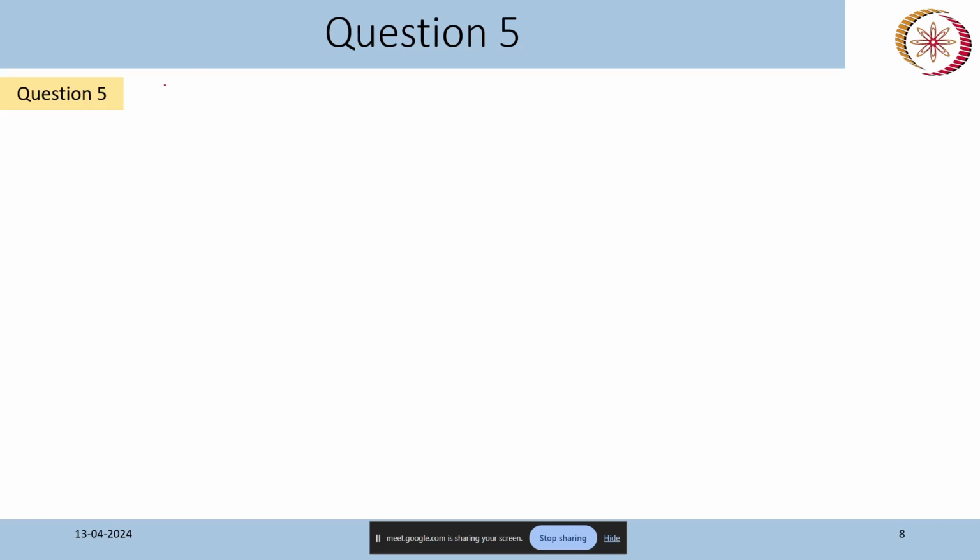I will write those first. So the first statement is, input syntax is case insensitive for Atlas.